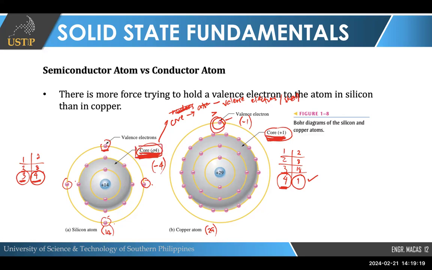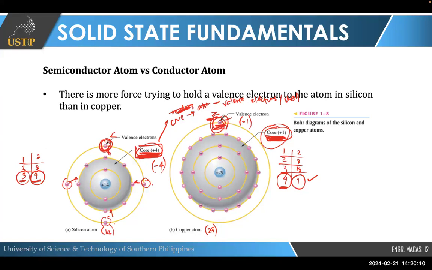So the silicon core is much stronger and holds its electrons tightly. The copper core is plus 1 only, not very strong. The electron is already loose, has higher energy, and its core is only plus 1 in charge, so this electron is very free, with maximum potential to jump from one atom to another.